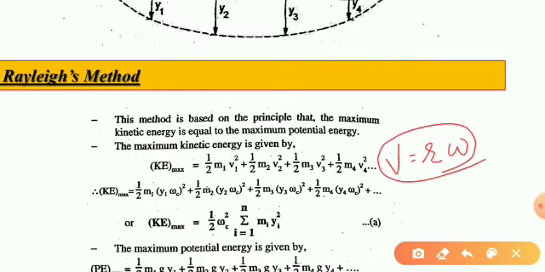But over here, instead of r there is the deflection y, and instead of omega there is omega c, which is the critical speed. So here it is y1 omega c, y2 omega c, y3 omega c, and y4 omega c.